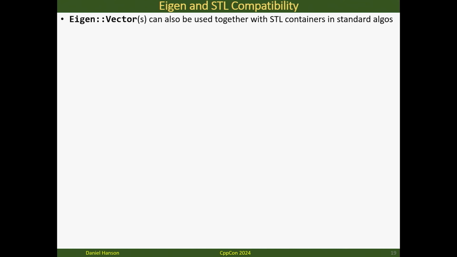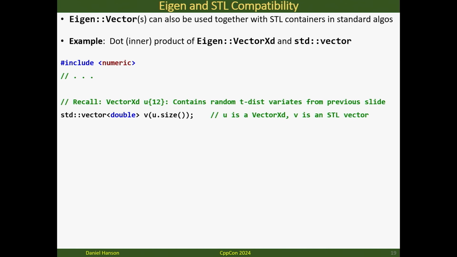Also, Eigen vectors can be used together with STL containers in standard algorithms. So as an example, suppose we want to take the dot product between a vector XD and a std vector. So let's create a std vector of the same size. Note that the vector type in Eigen also has a size member function. So again, it's very similar to what you find with standard containers.